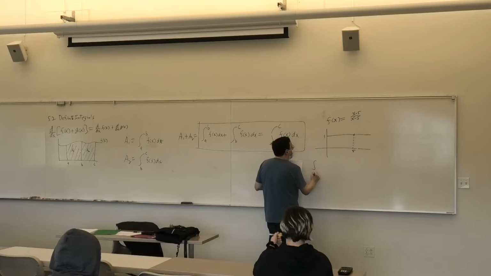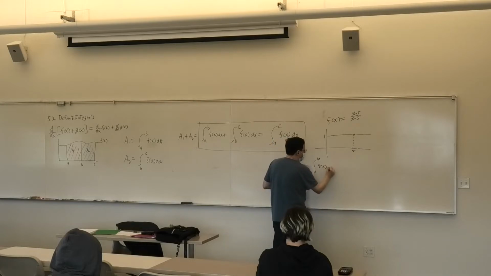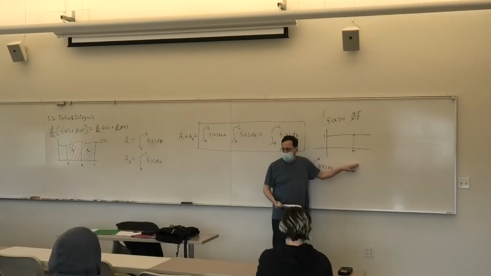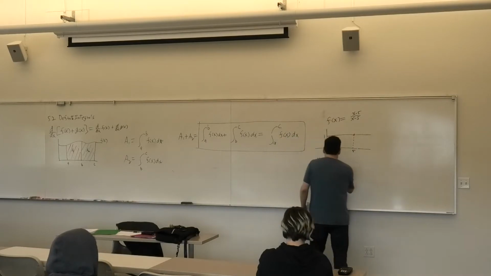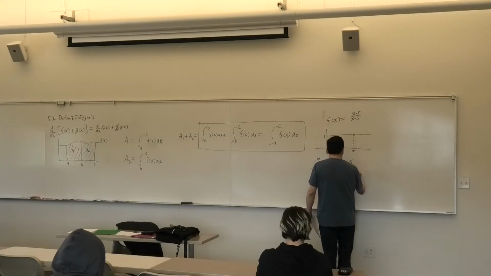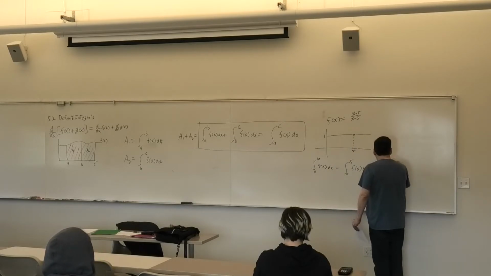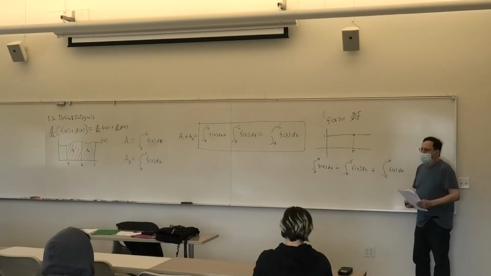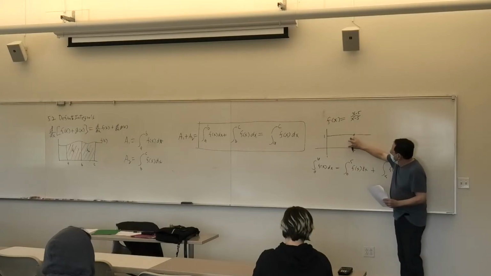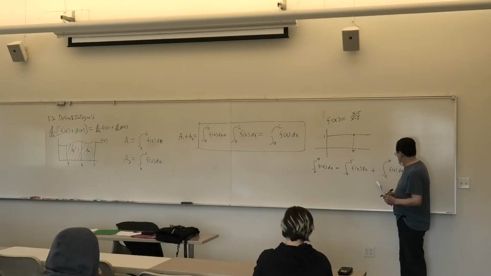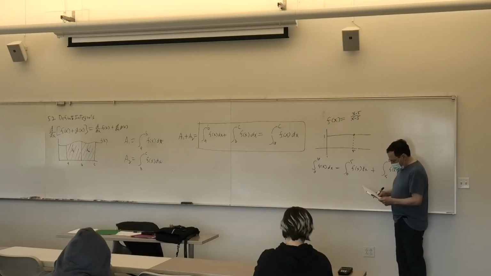If we wanted to integrate f of x from, say, 0 to 10, we're a little skittish about what to do at 5, since it's not continuous. You could just break it up into the integral from 0 to 5 plus the integral from 5 to 10, and kind of dance around this removable discontinuity here.